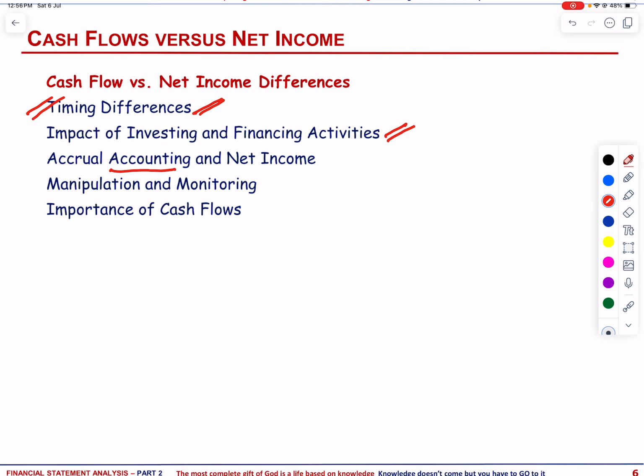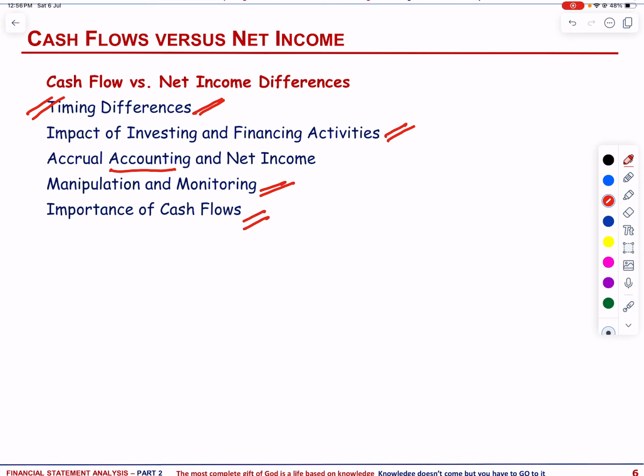Now, in the case of the income statement, manipulation through accounting adjustments is closely monitored and audited, while in the case of cash flows, it can be manipulated more easily by delaying payments or selling assets without the same level of scrutiny.